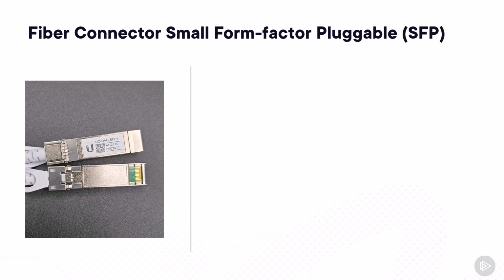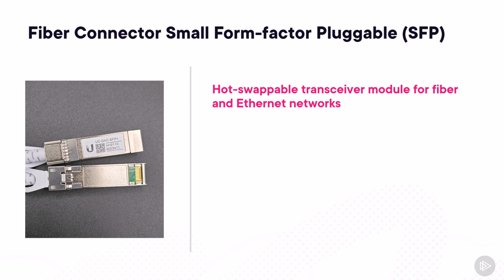Next up, another networking connector is the fiber connector small form pluggable connector, which you will also see abbreviated as SFP. This connector is a compact, hot swappable transceiver module used in networking to interface with fiber optic or copper cabling.